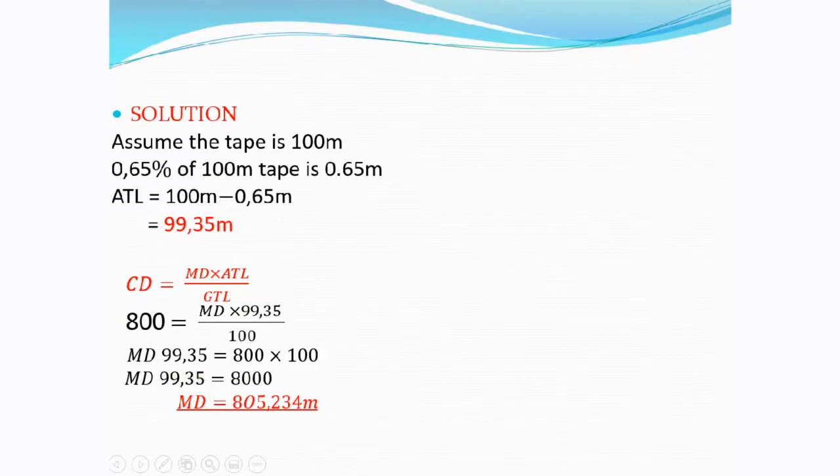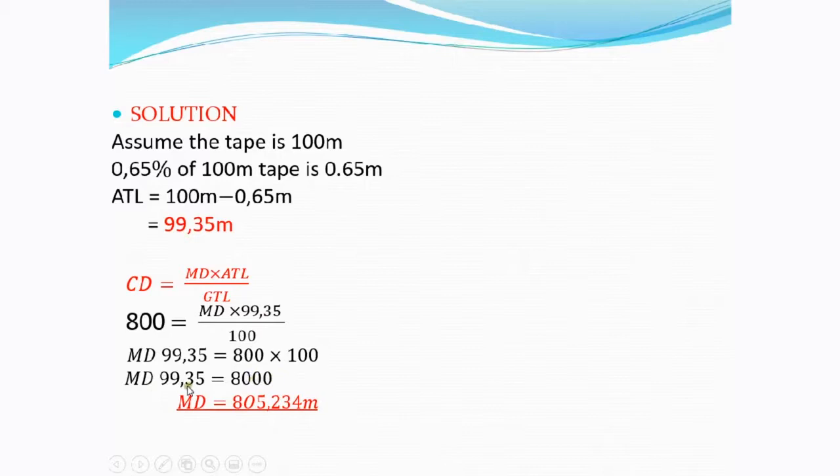Then here we'll subtract 0.65 meters, and we'll get 99.35 meters. Then you go into your formula for correct distance and do the substitution. For the correct distance you put 800. The measured distance is what we are looking for, and our actual tape length is 99.35 divided by the graduated tape length, which is 100 meters.